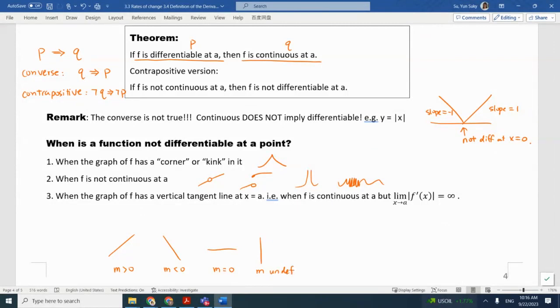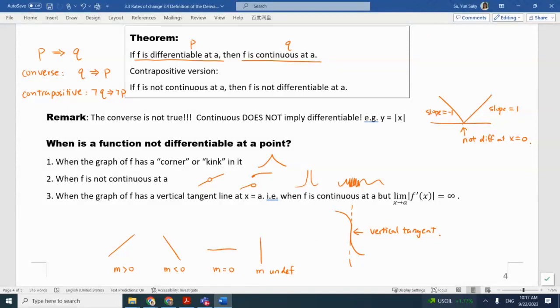And your derivative is the slope of the tangent line. That's why if your function looks like this, you have a vertical tangent line. The slope is not defined, so it's not differentiable.